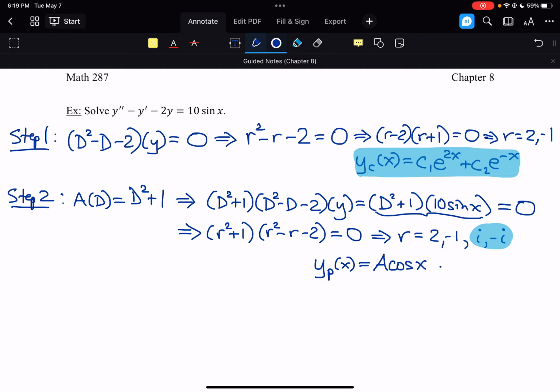And then plus b, and then again e to the 0, and then sine of just 1x. So a cosine of x plus b sine of x. So that's going to be the general form of the particular solution. But with the particular solution, again, we want to solve for these constants. So we need to solve for a and b.